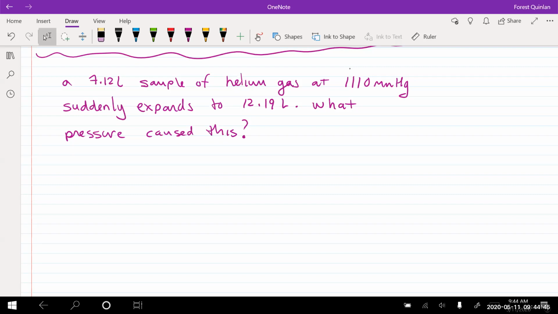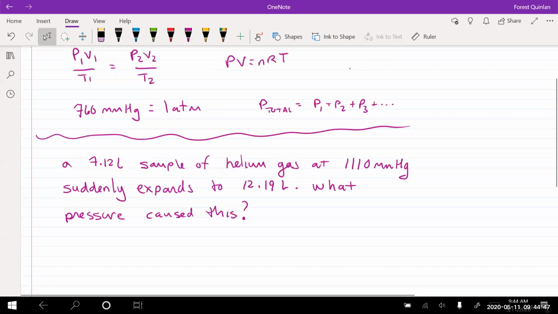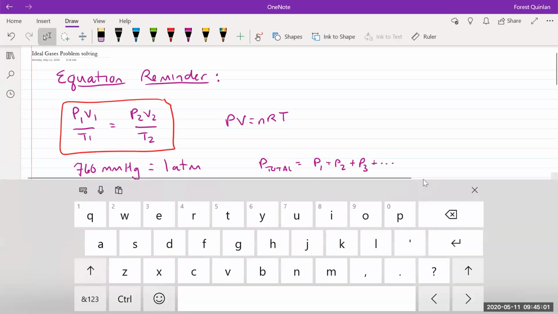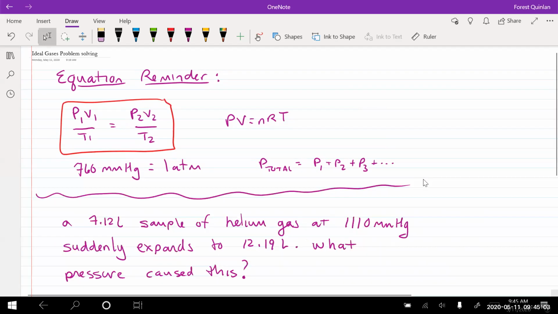Yes, the pressure and the volume. If you look back at our equations, this guy right here, the P1V1 over T1, we're going from one set of conditions to another, from 1 to 2. So this is good for changing conditions.